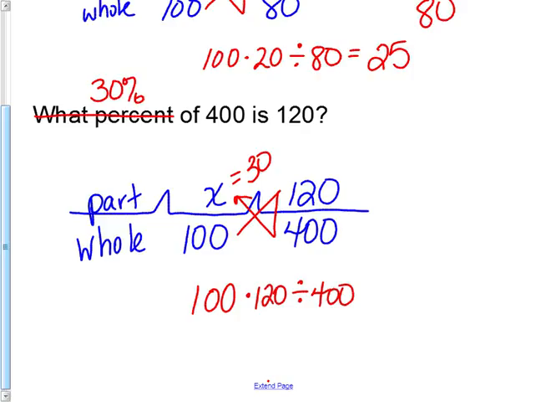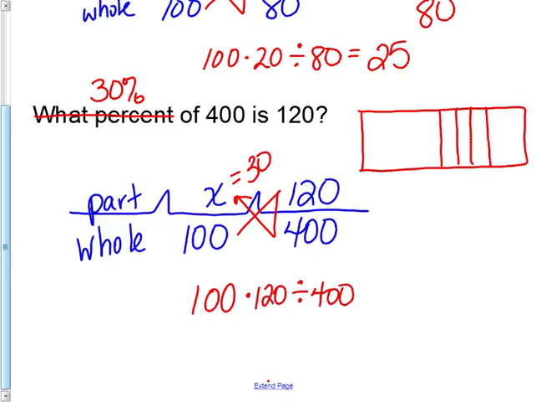Let's check and make sure. Again, I could use a model to check that. So 30%, if I split into 10 parts, I can see what 3 out of 10 or 30% would be. So if I split 400 into 10 parts, each part has to be 40.